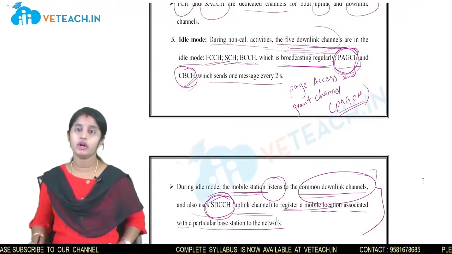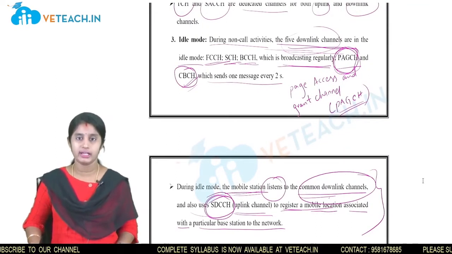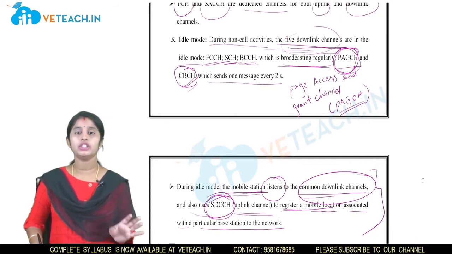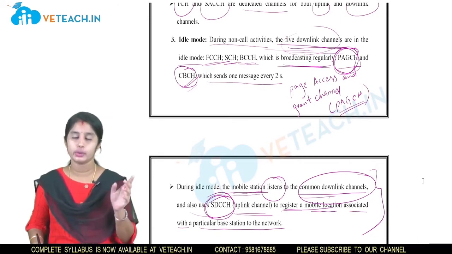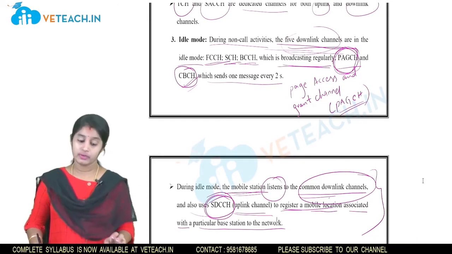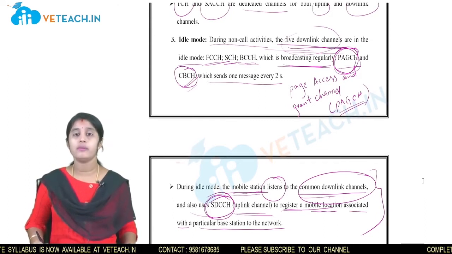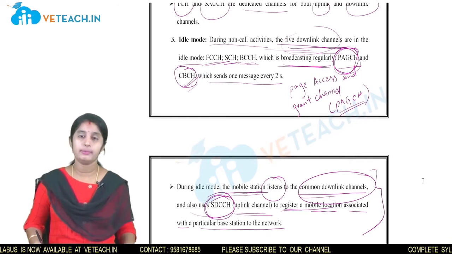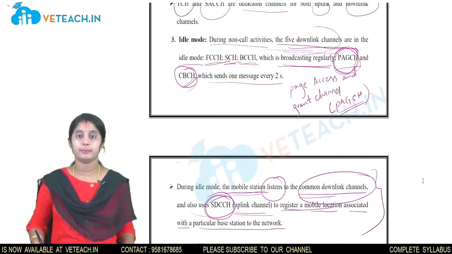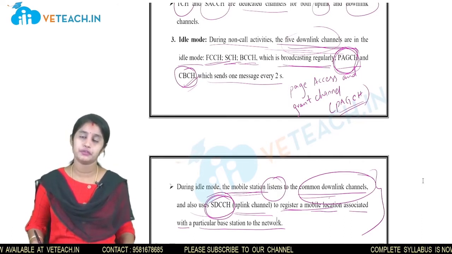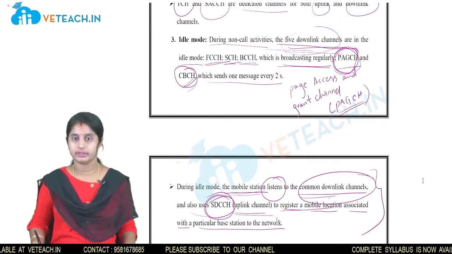Whenever the idle mode has a value of 1, it means no channel is available in order to establish a call. Whenever the idle mode has a value of 0, then obviously there is an availability of channel and it can provide services for any new subscribers.